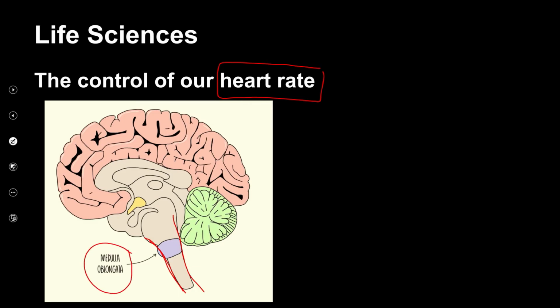Basically, this part is going to pick up, say for example, that you've exercised a lot and you've got a lot of carbon dioxide in your blood and maybe too little oxygen. So what's it going to do? It's going to send a message to your heart and say, listen here, too much carbon dioxide, we've got to get it out. Too little oxygen, we've got to get it in.